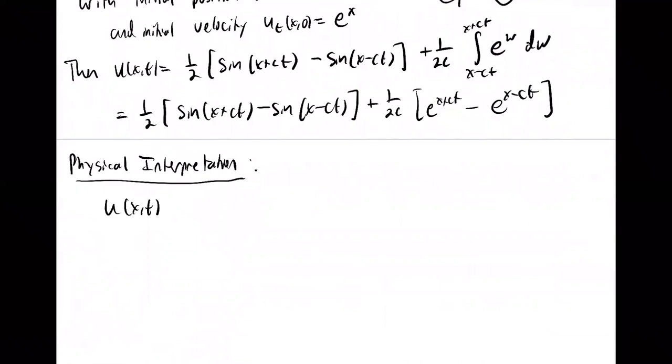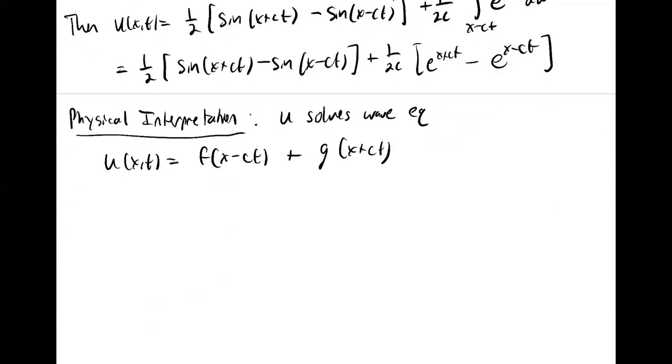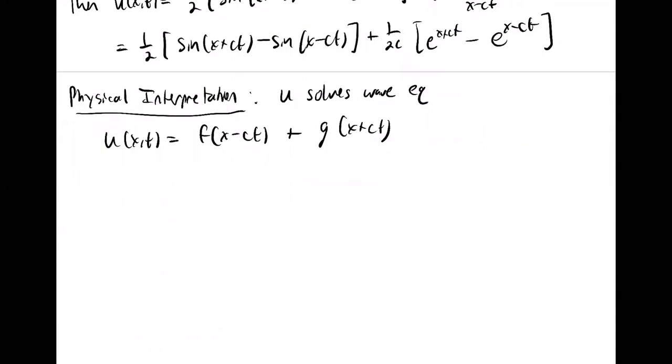We showed that if u solves the wave equation, then u has to be a sum of one function of x minus ct and another function of x plus ct.